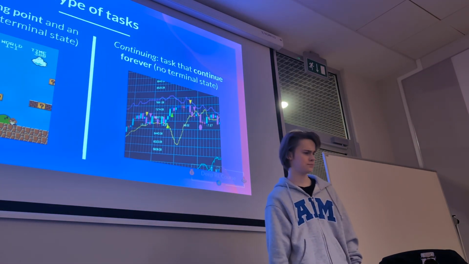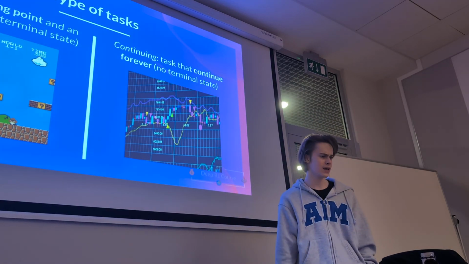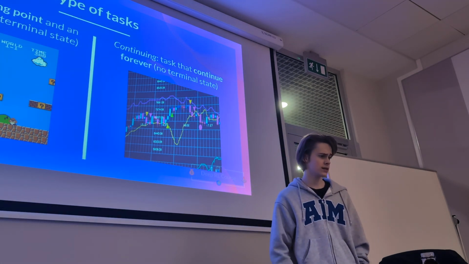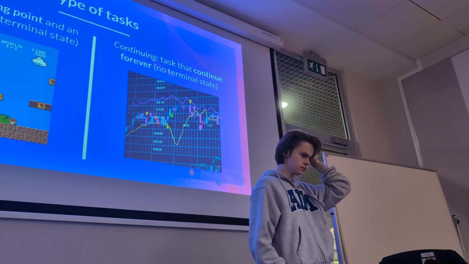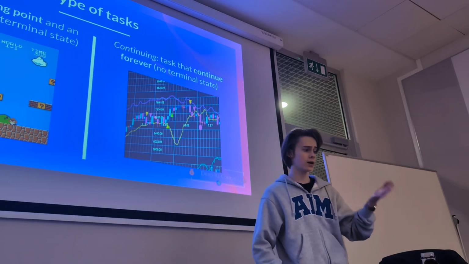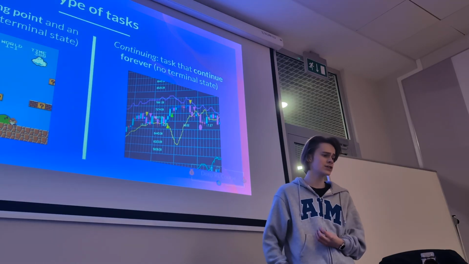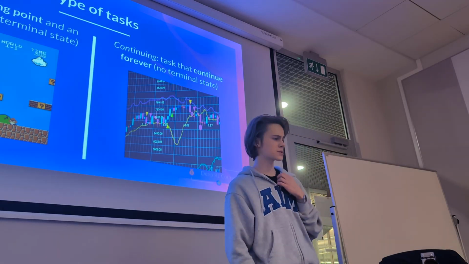There are different types of tasks: episodic and continuing. Episodic has a starting point and an end point. For example, we have some game, with a starting point where we start doing something, and an ending point. That's actually what we do in robotics. We have the episodic task.